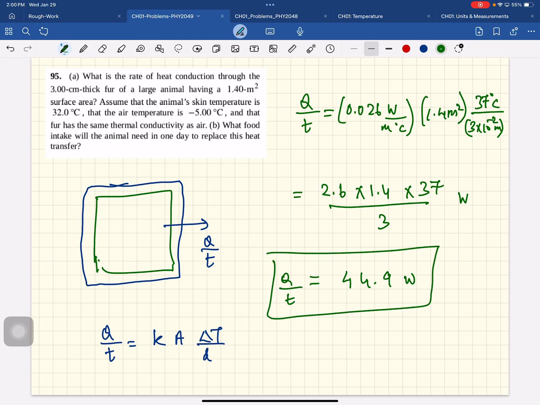Okay, so what food intake will the animal need in 1 day to replace this heat transfer? So you're losing that much heat.